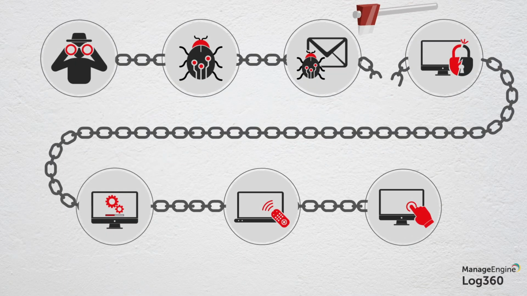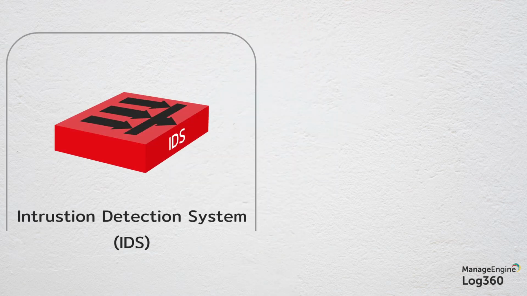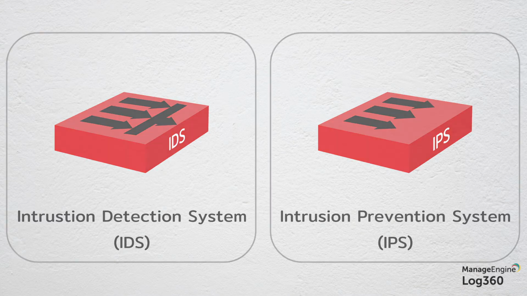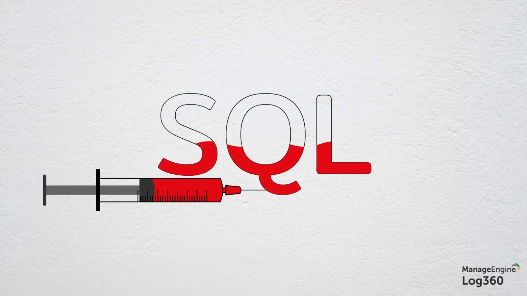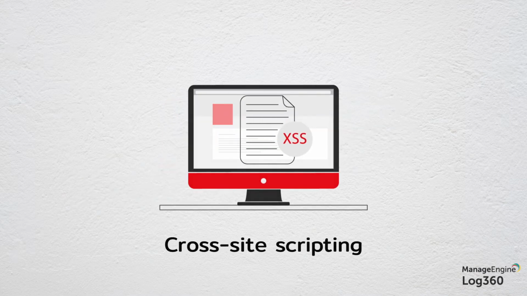How can you break the cyber kill chain at this stage? Deploy secured email gateways, spam filters, and strengthen your intrusion detection system, IDS, and intrusion prevention system, IPS. You should also continuously be on the lookout for the occurrence of known injection techniques on public-facing systems, such as SQL injection, cross-site scripting, and more in your network.